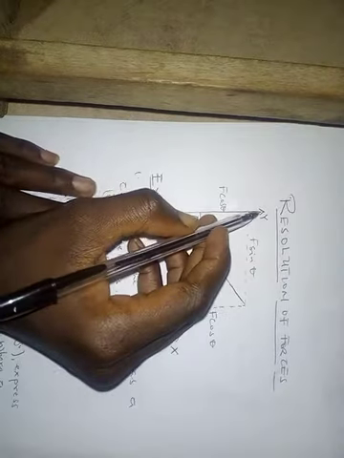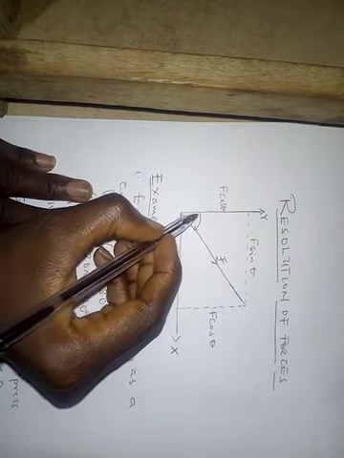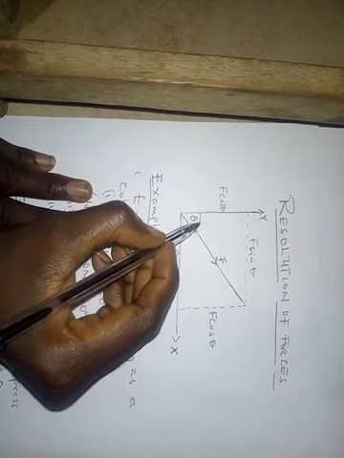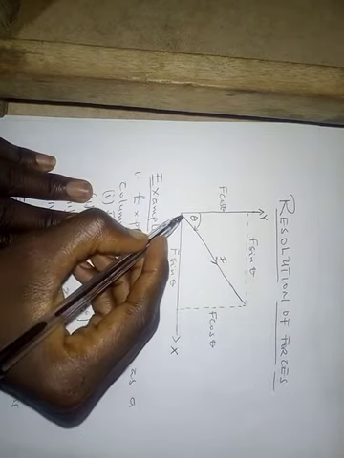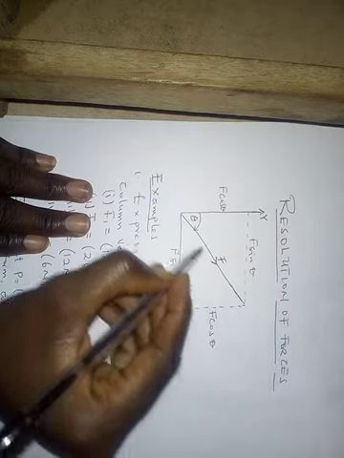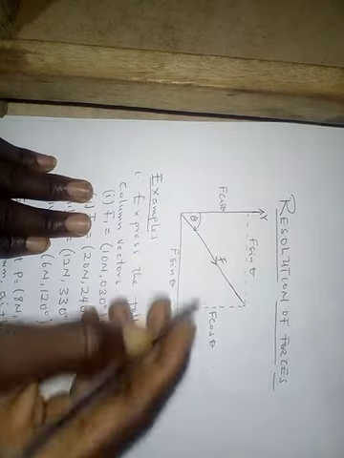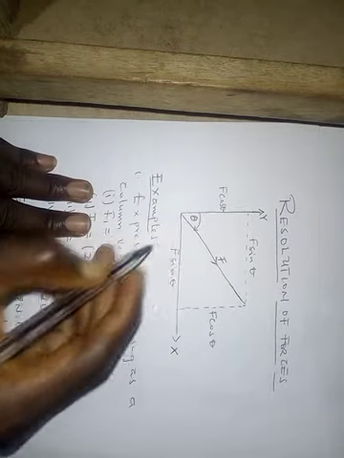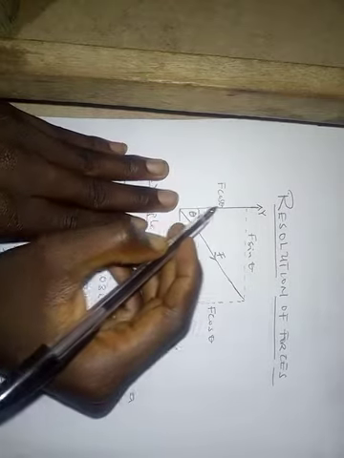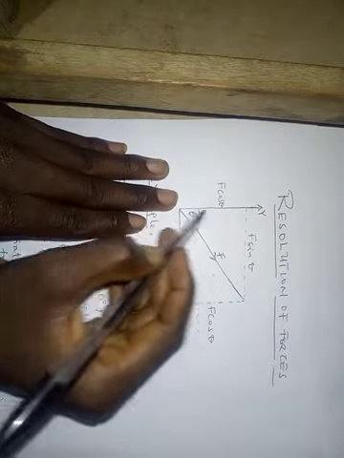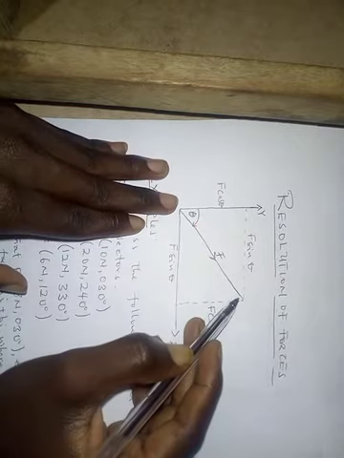For instance, this is the given force, and the angle from the North Pole is theta here. So if you want to resolve this force F along the y-axis, remember this is theta here, so this becomes our adjacent, the opposite, and the hypotenuse.